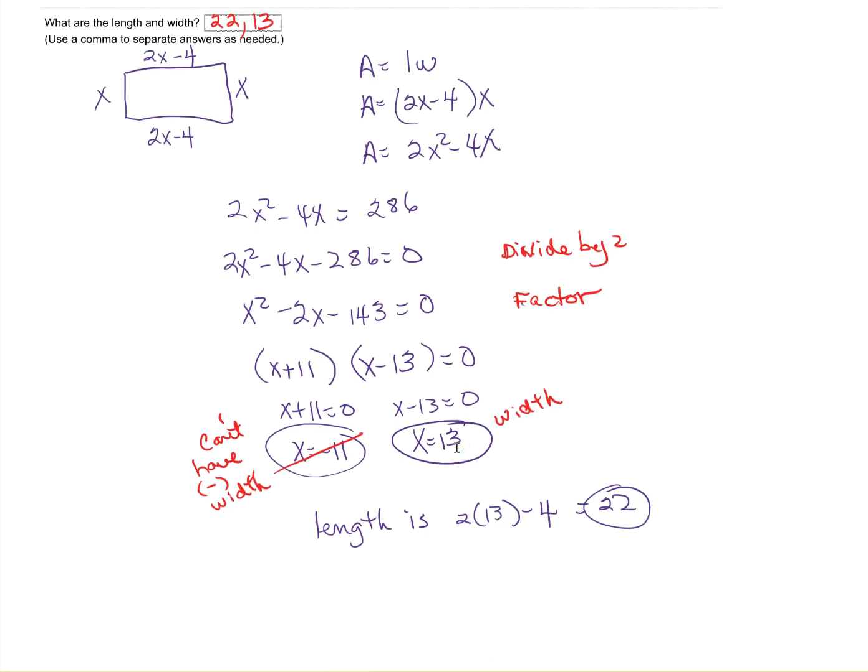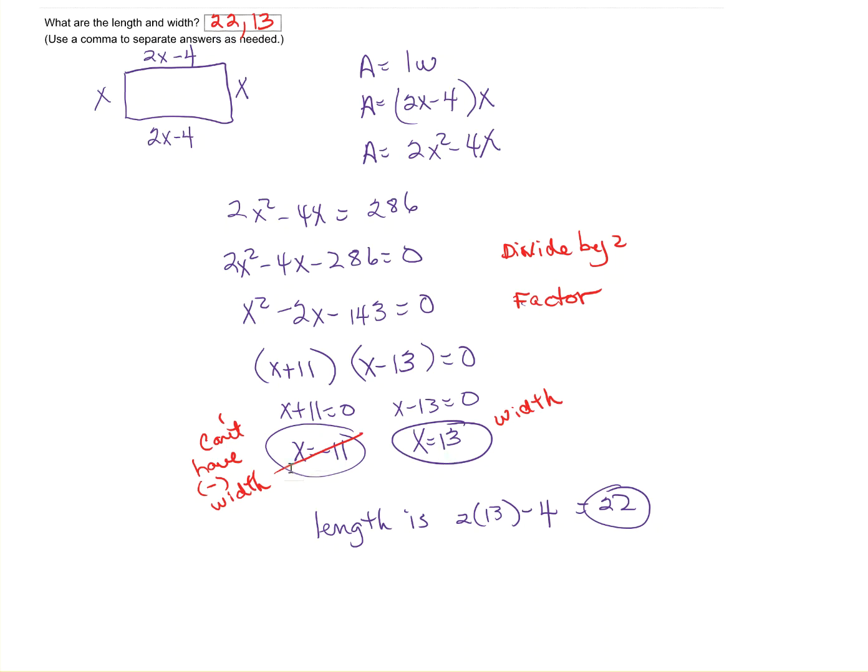And 143 factors with 11 and 13. If you didn't know that, you could do some trial and error. But we came up with 11 and 13. And solve each of those, you get x is negative 11, x is 13.